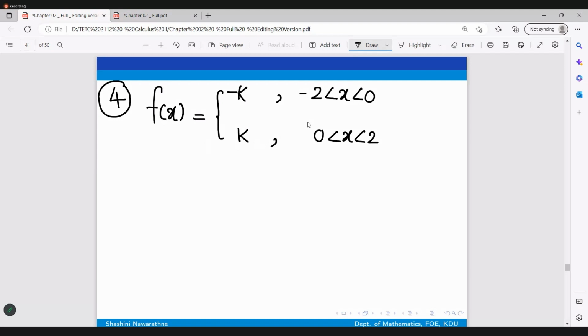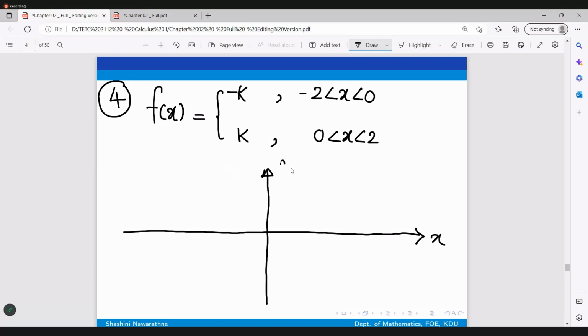This is the x-axis and this is f(x). Minus 2, 0, 2. So the function is defined from minus 2 to 0 as minus k, and from 0 to 2 as k.